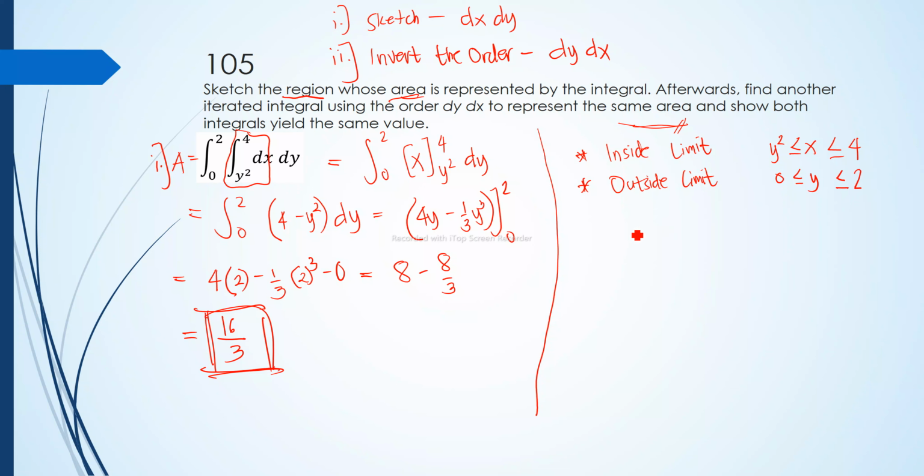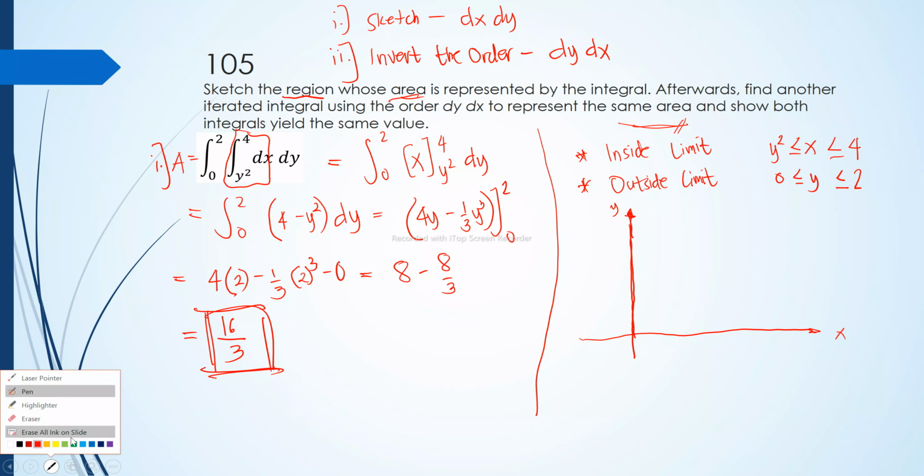If you notice, these are positive values, so we assume this is in the first quadrant. Let's try to graph first the limits of the outside integral. Because they are whole numbers, it is easier. So let's say we have 1, 2, 3, 4.